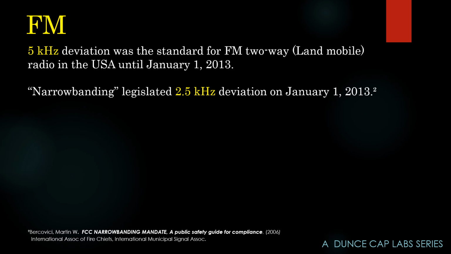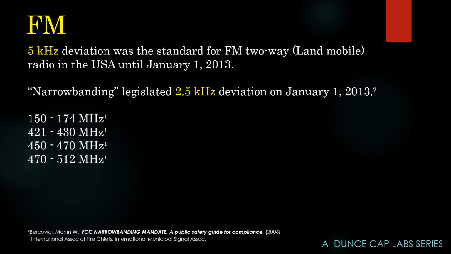As narrowbanding came along, in order to narrow everyone up with the idea they could squeeze more users into the RF spectrum. Now, this doesn't apply to everything in land mobile radio. In fact, narrowbanding only applies to VHF and UHF.